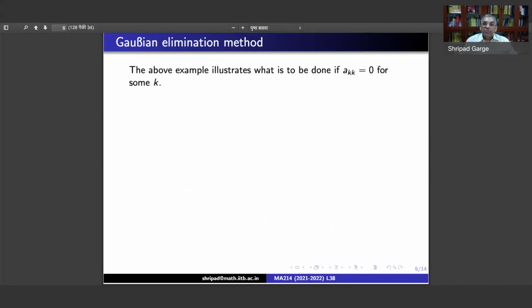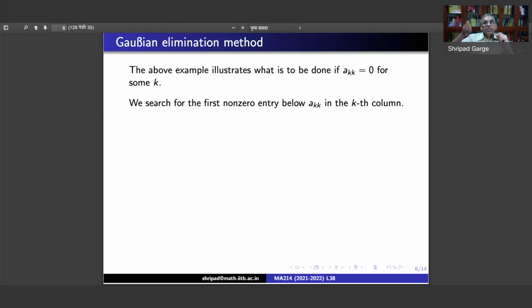The above example will illustrate what needs to be done if your AKK is 0 for some K. We search for the first non-zero entry below AKK in the kth column. So we look at the kth column from AKK onwards. So it will be AKK, A(K+1),K, A(K+2),K, all the way up to ANK.